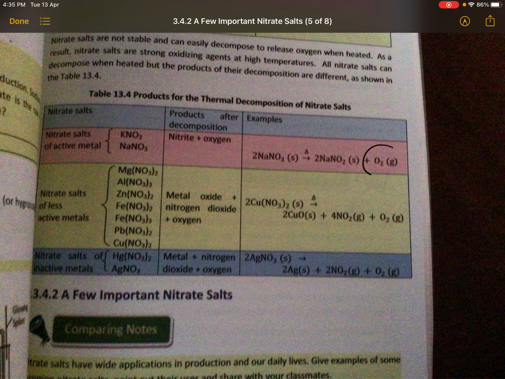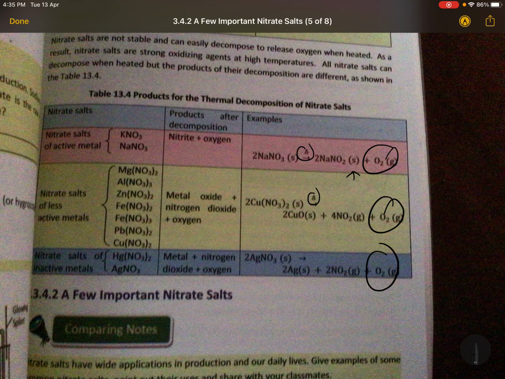All nitrate salts have one similar product, oxygen gas, but then they produce different products. For active metal, you need to heat it up, and then it will produce a nitrite solid.